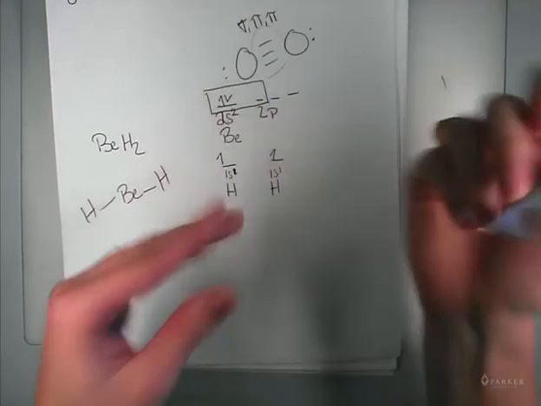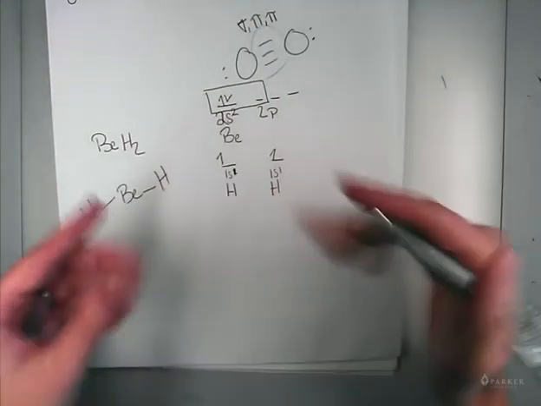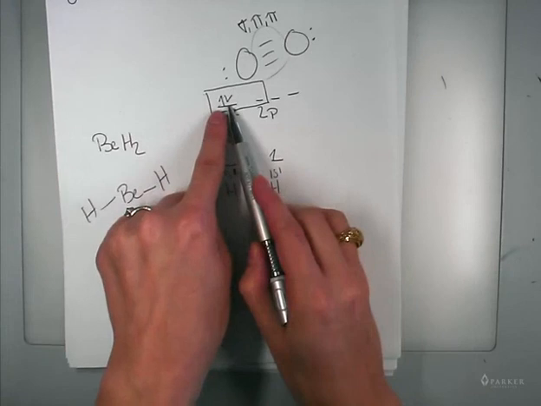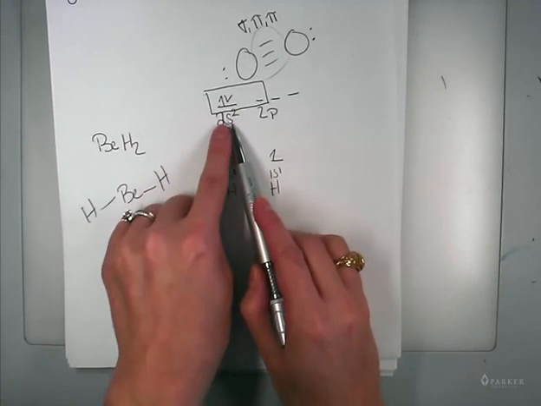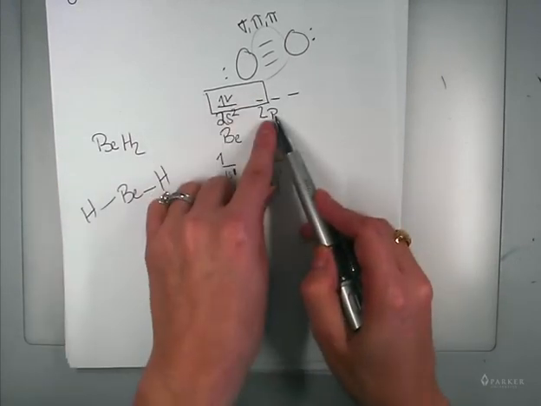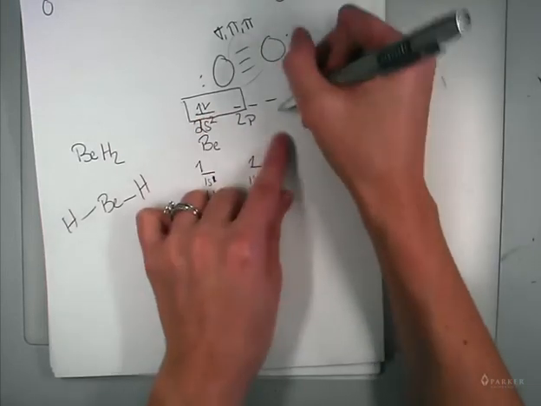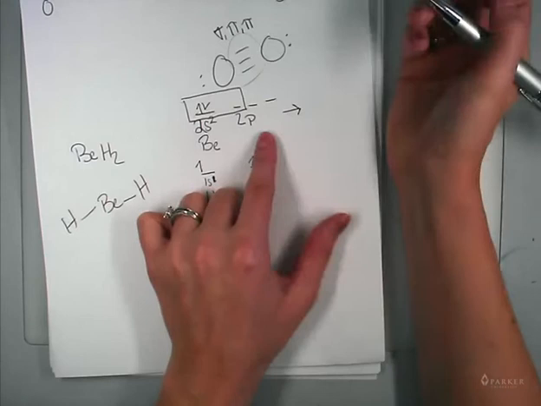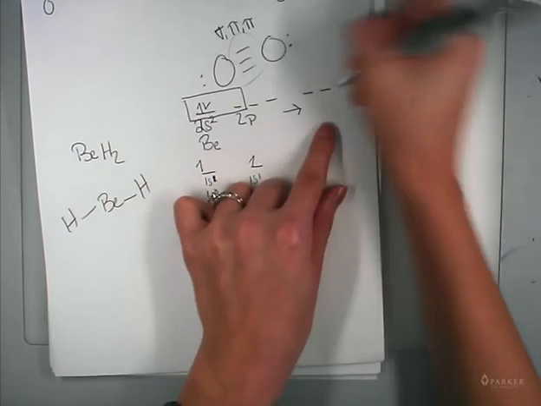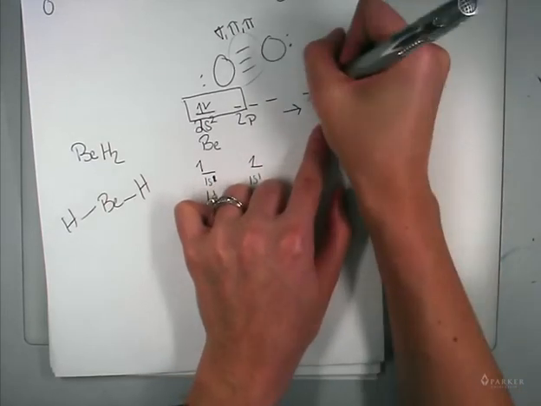So that's what hybridization means. We're going to combine orbitals. Do you see I use one line from the S and one line from a P? How many total lines do I have? 2. So I'm going to hybridize them. I'm going to have 2 hybridized lines, and now they're called SPs.